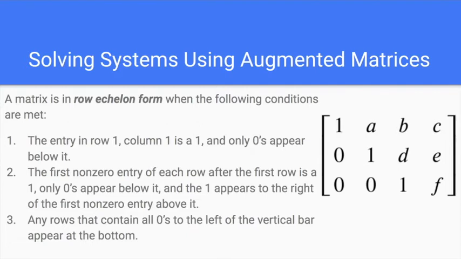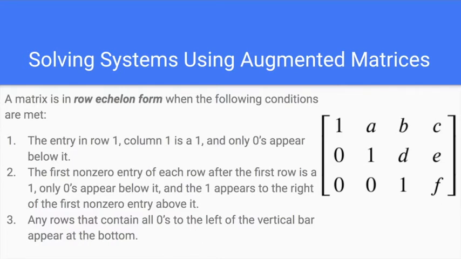So typically that means you're going to end up with this diagonal of 1s that starts in the top left and goes down toward the bottom right, and everything below that diagonal is going to be a 0. Okay, so what happens is we get the matrix into this form, and then we can do back substitution to solve for each of the variables, because typically that third row that's 0, 0, 1, and in here I just have an f to represent some constant, that row is basically saying z equals f, whatever f is.